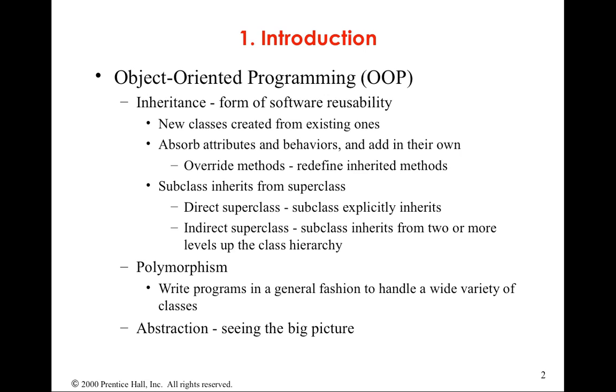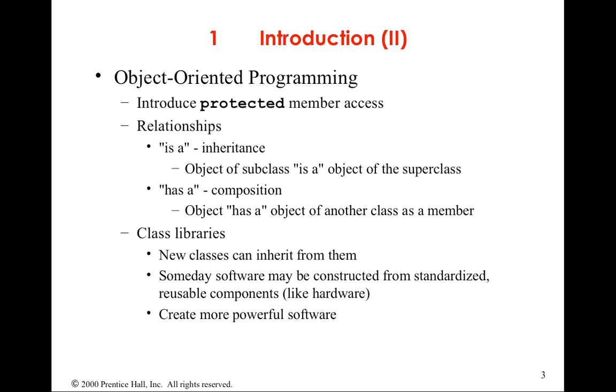Not having to worry about types, if you want to think of it that way. So we have the ability of one object to morph into something else or to do something else. Abstraction is seeing the big picture. It's the underlying abstract concept of these objects that exist in this object-oriented world.